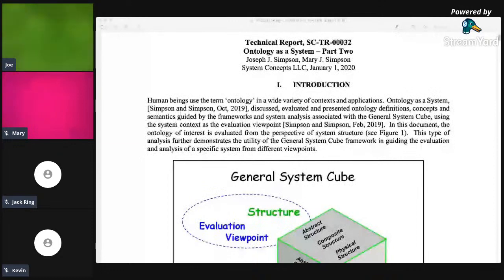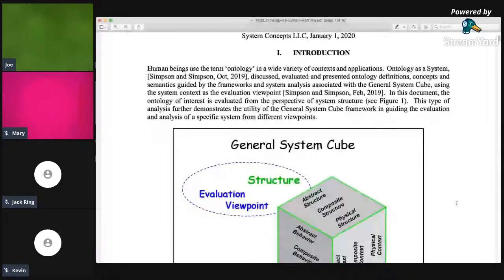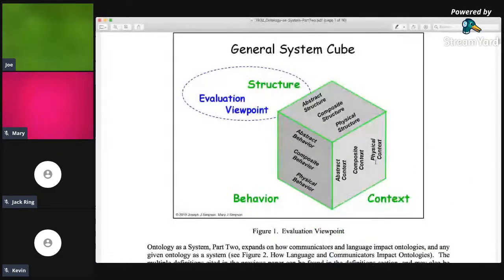And we discussed ontology as a system part 1 a couple of months ago. And then what we did was we looked at the ontology from the idea of context.